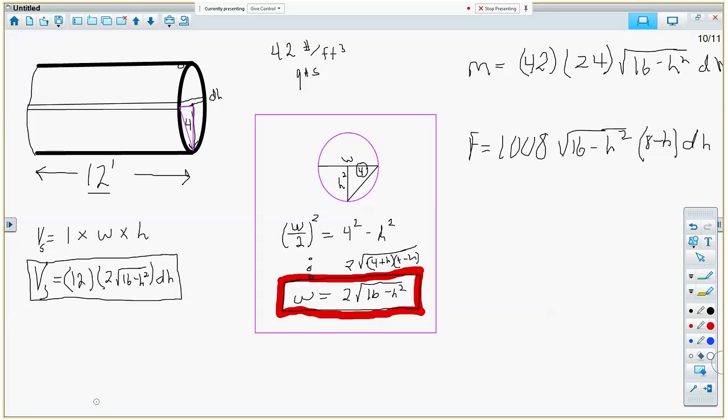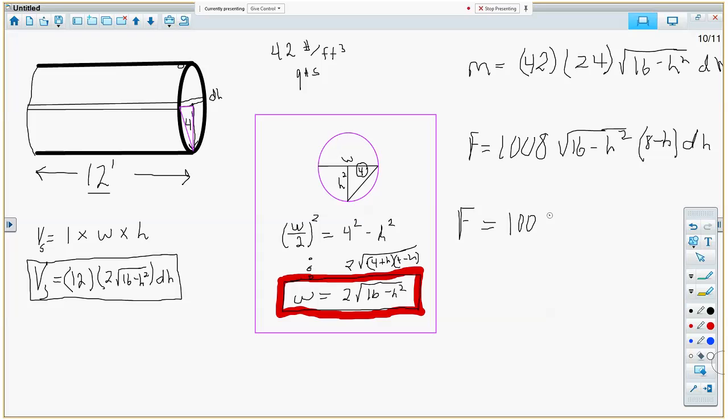Now, you're doing something here you haven't done before. What's the problem? You're supposed to look at this and go, I don't know what to do. Well, F is equal to, I'm going to rewrite it, and maybe that'll help you, 1008.